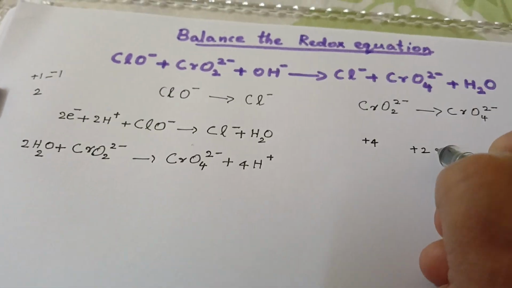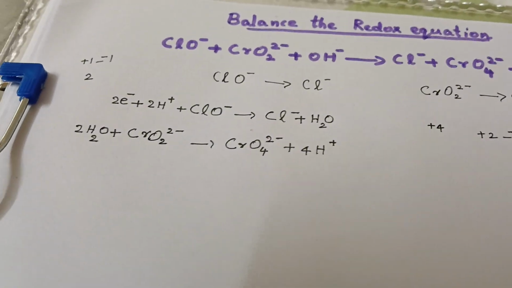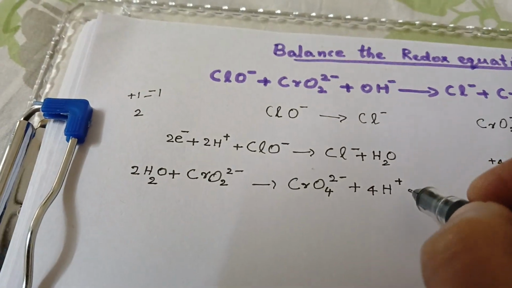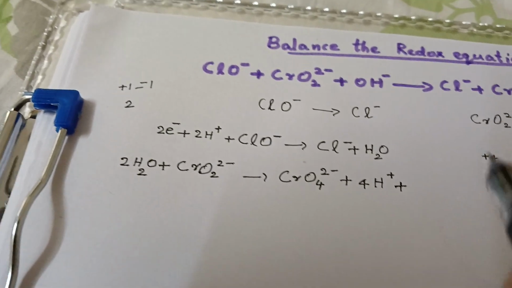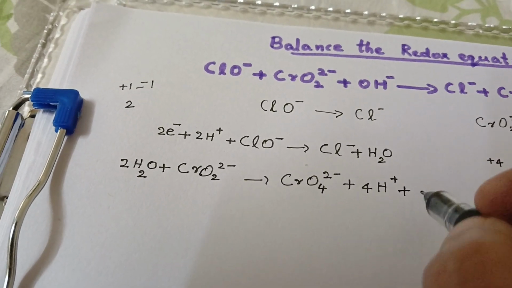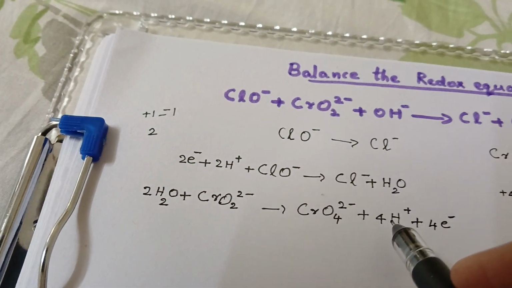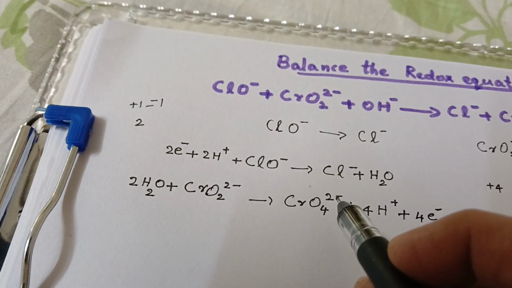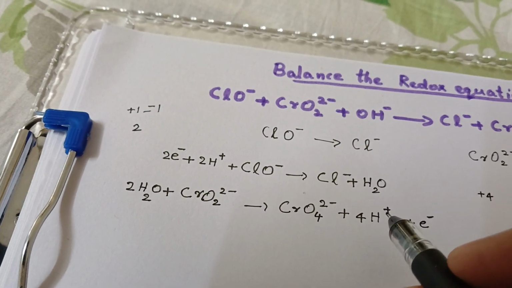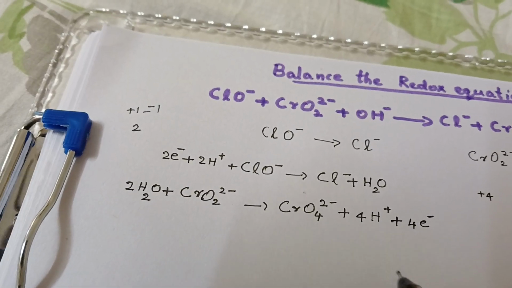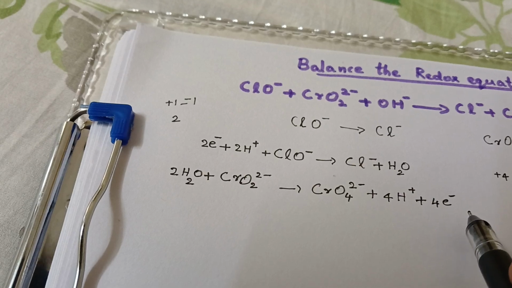Plus 2 minus minus 2 will give us 4. So that many electrons we have to add to the more positive side. So 4 electrons. We found that this was the more positive side because here it is minus 2 and here it is plus 4, so the resultant charge was plus 2. So now we have added 4 electrons on the right hand side.